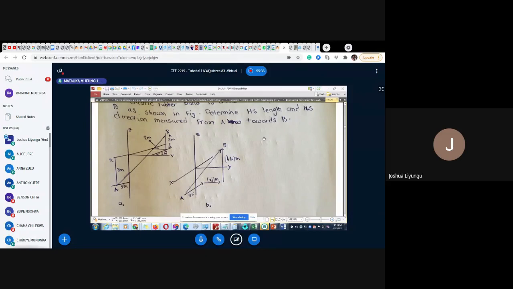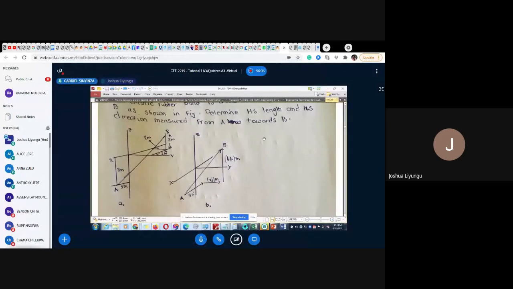Yes, let's go ahead. You click the coordinates. Yes, we get the coordinates for A, and then also get the coordinates for B. Then we find the position vector R. How do we get the position vector R?